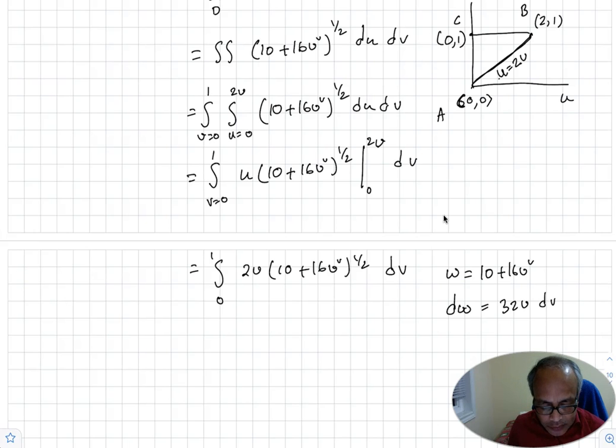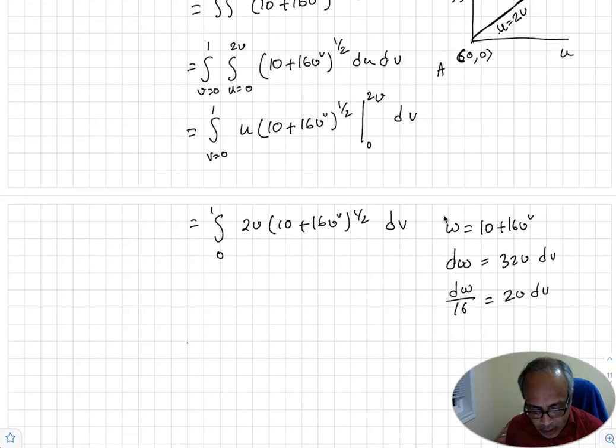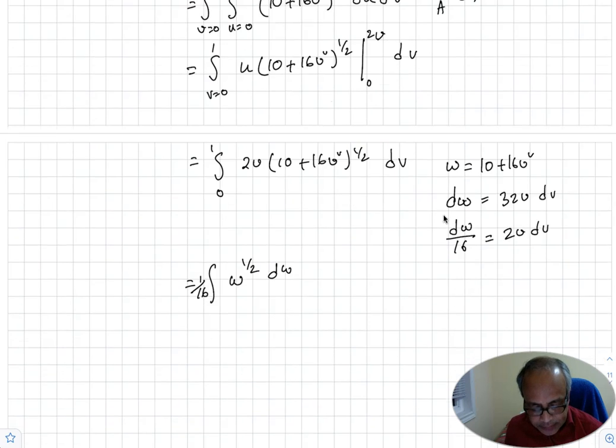So I see here 2v dv, so I can match it there: dw divided by 16 equals 2v dv. Now I can substitute: 10 plus 16v squared, which I considered w, so w to the power half, and 2v dv is dw divided by 16. I can just write the 1 over 16 outside.